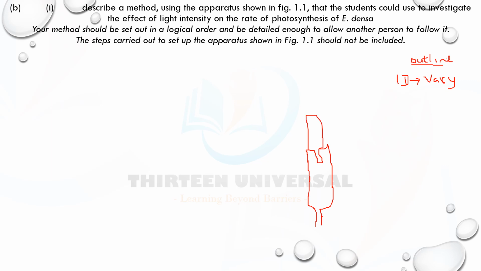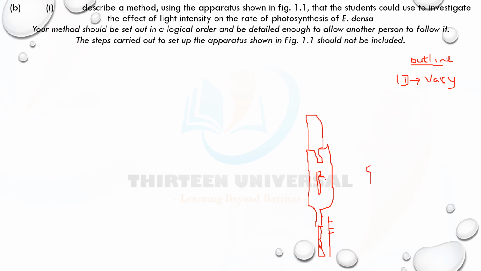The plant is inside here, and this is a tubing connected to a scale, and there's a meniscus here. You can check the real diagram there. This is the lamp bulb, the bench lamp.